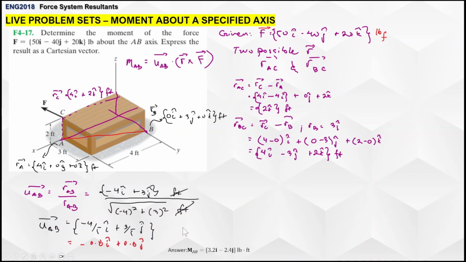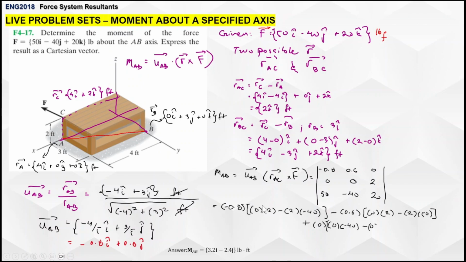So the next step is just substituting these values to our equation here to get our moment and the magnitude of our moment here. Okay, so it will look like this. There we go.